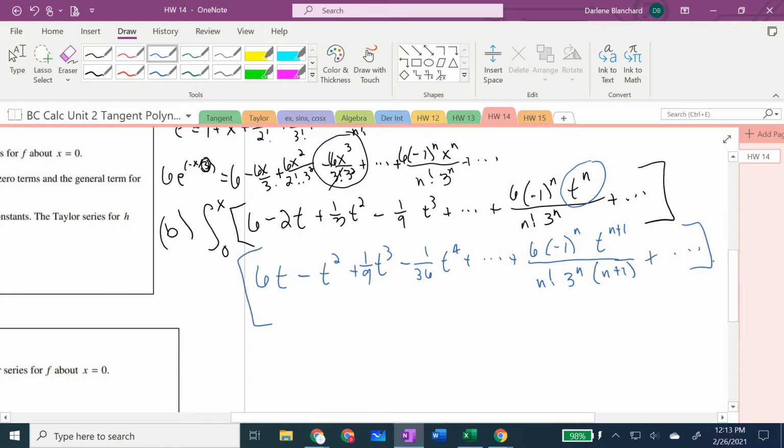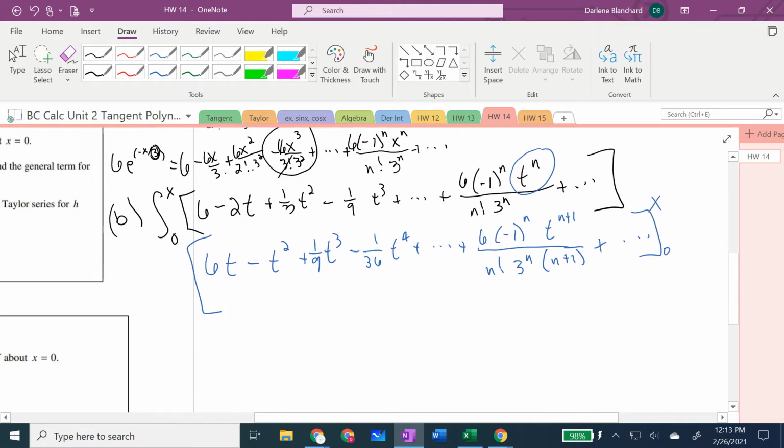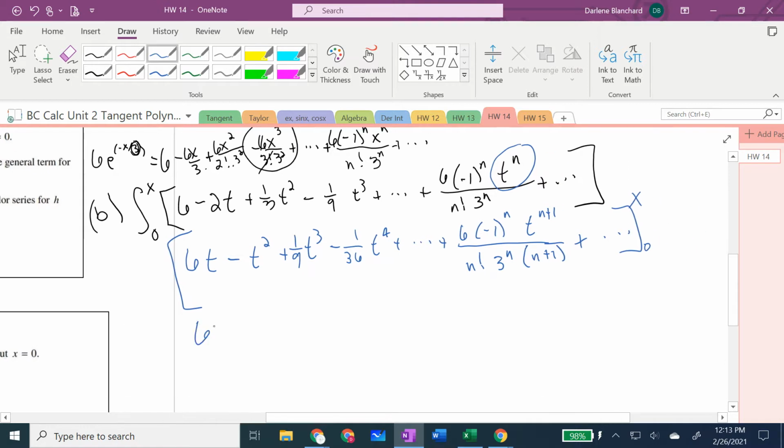Then, if I'm going through this very technically, then I plug x in to everything that I see.